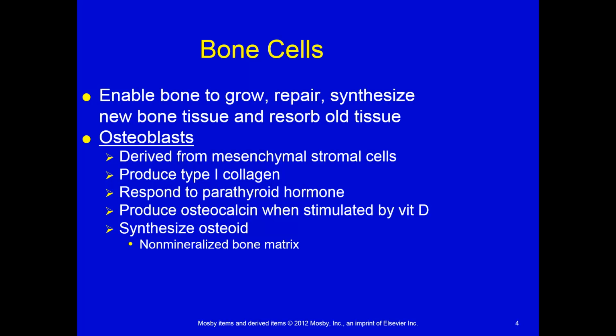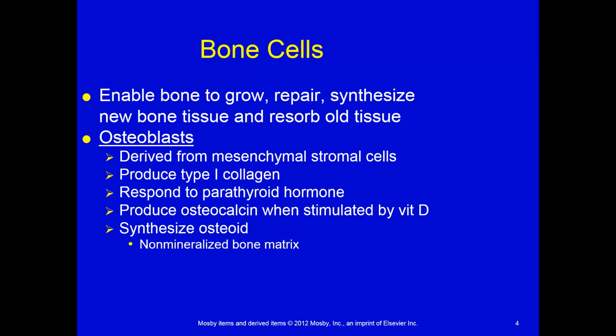Calcium. Very good. And so they respond to parathyroid hormone. They also produce osteocalcin when stimulated by vitamin D. So that shows you that the presence of adequate vitamin D is very important in terms of bone health and laying down new bone from the osteoblasts.